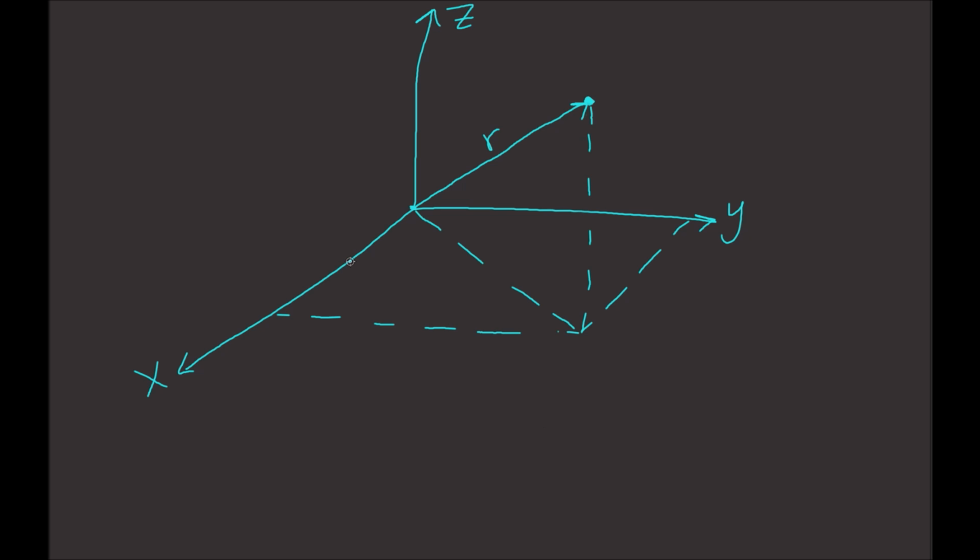The angle from the x-axis to the dotted line is phi, and from the z-axis to the vector r, this angle is theta. And this is the point.